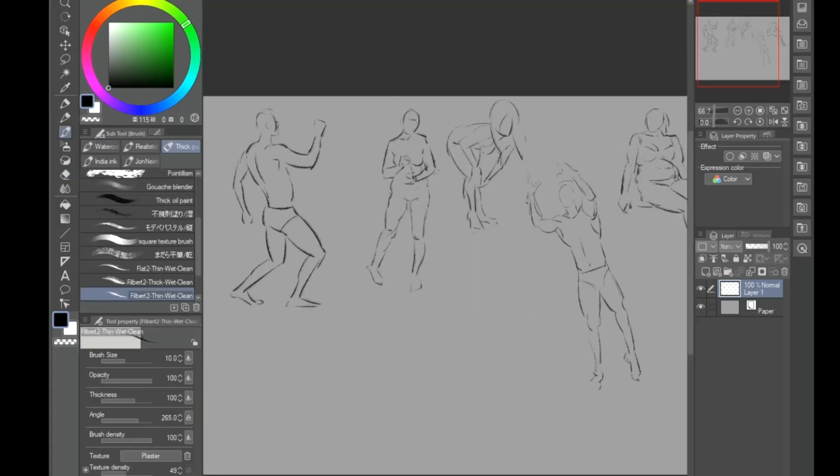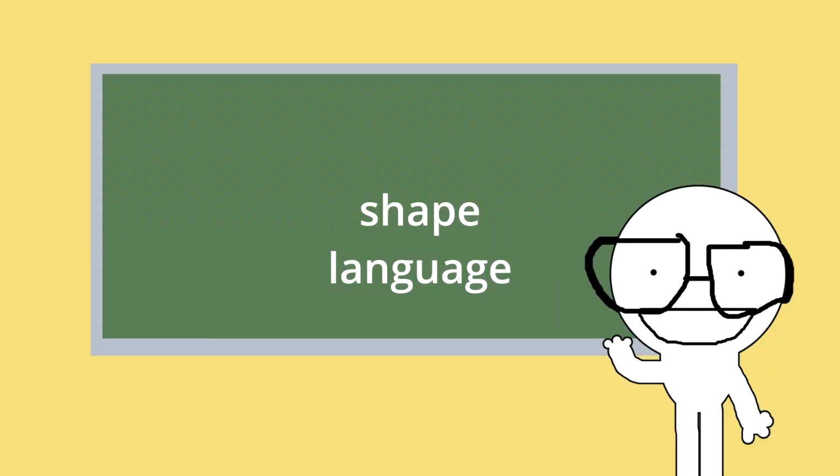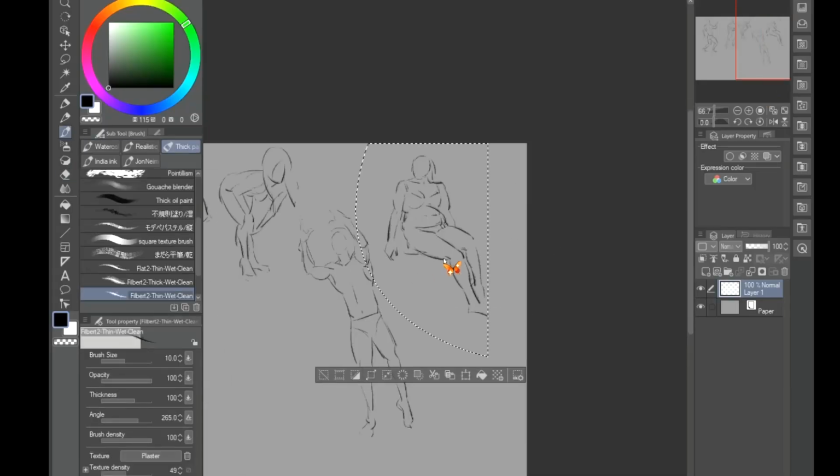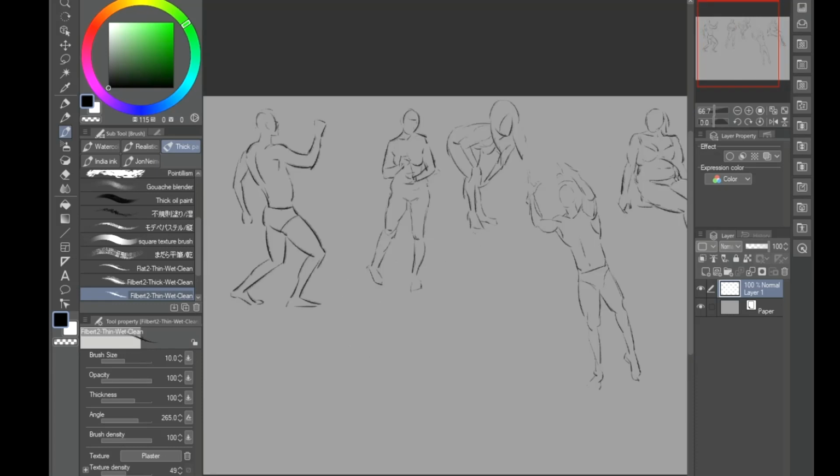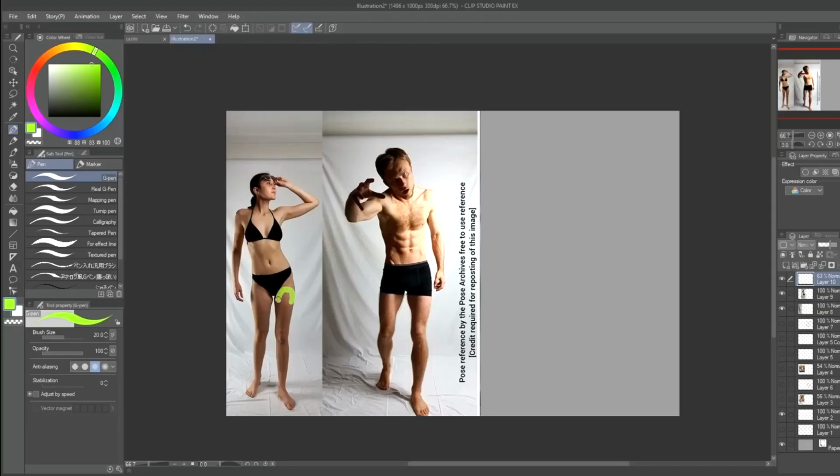But anyways, shape language. So what, shapes can speak languages? I know. But what I'm talking about here is you'll start recognizing some shapes as you draw people more. There's lots of natural shapes, because if you're a beginner artist, you just know very simple shapes.